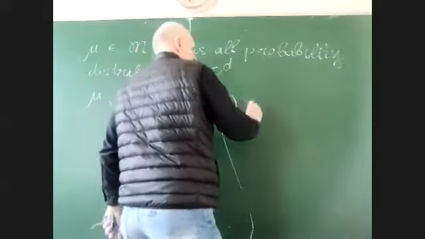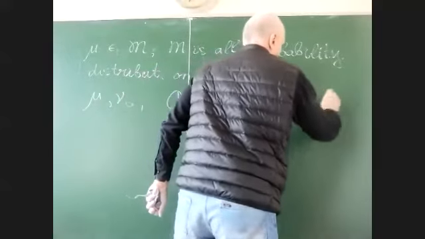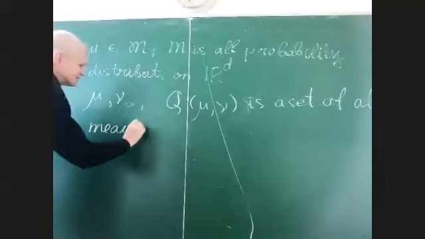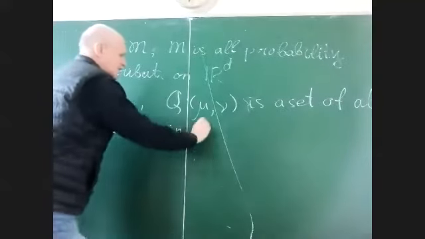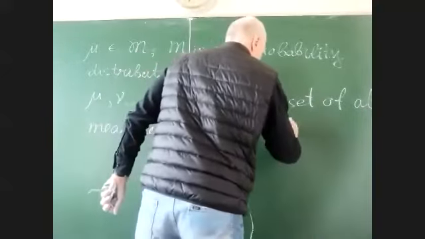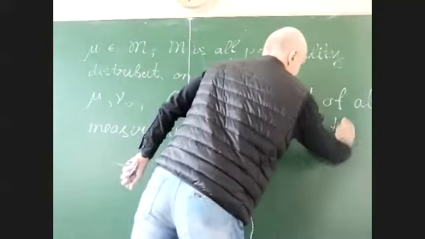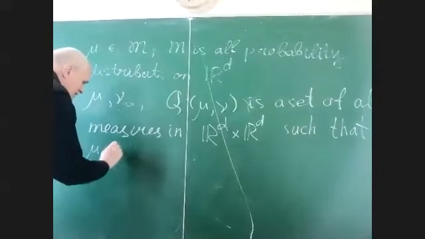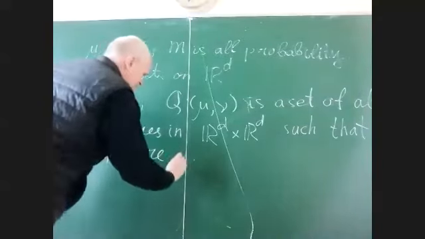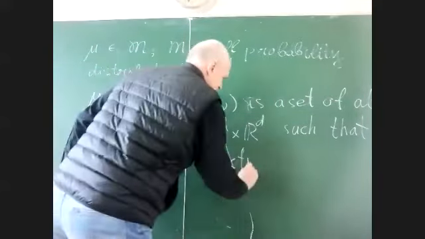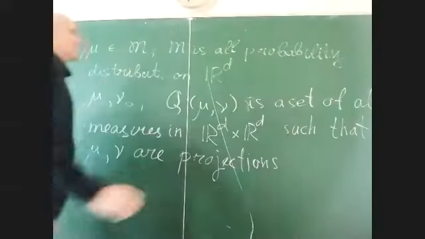This is the set of all measures in the product R given such that mu and nu are projections.